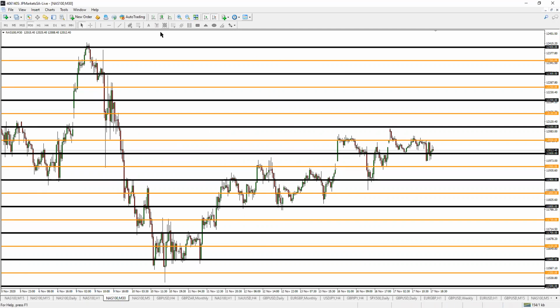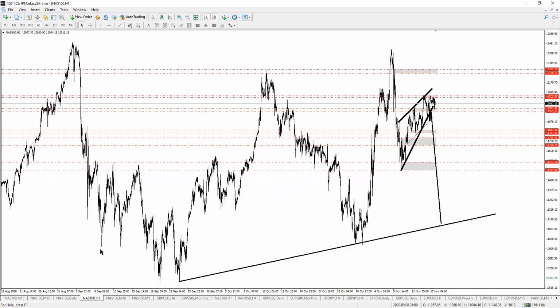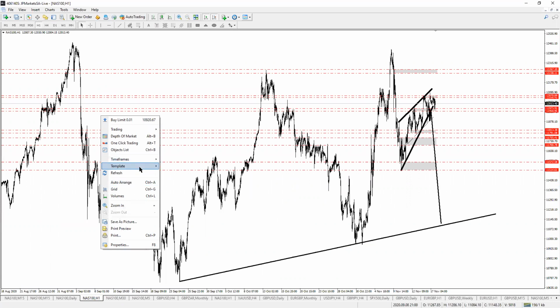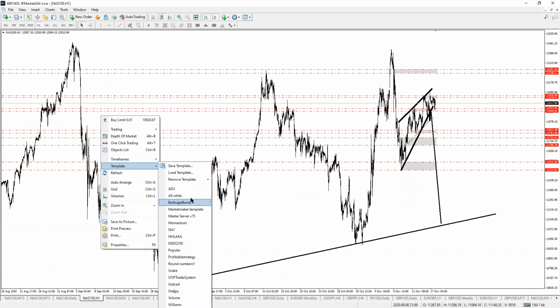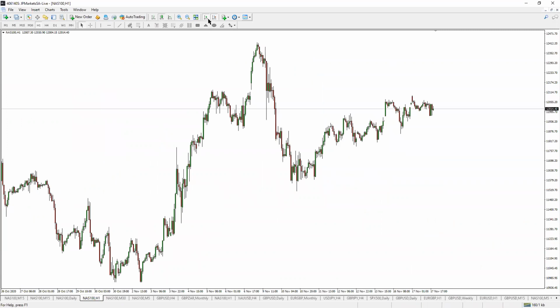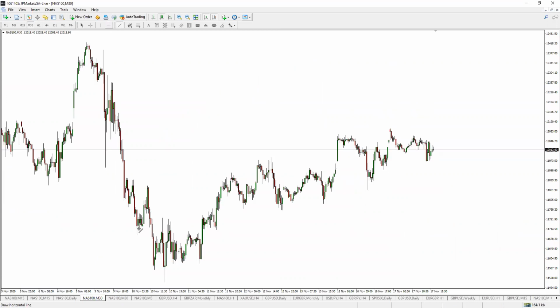So you're not going to use these alone. You're going to use these lines with price action, for instance. So I'm going to show you something right now. Let's go to a chart. Let's say you are looking at this chart on the 30 minutes time frame, and then you draw a line like this.